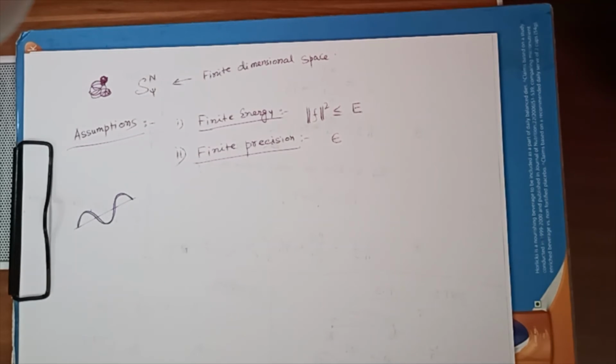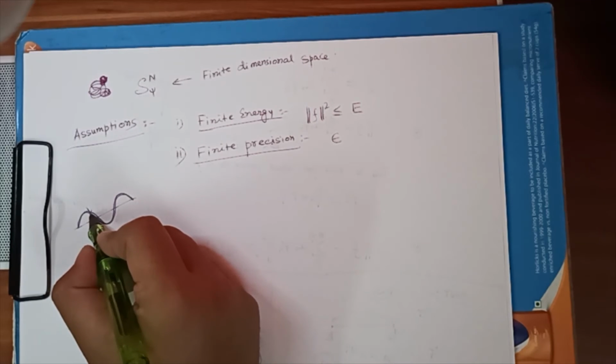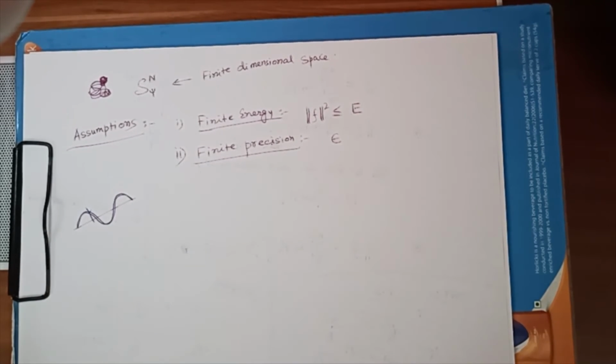How can you compute? What you can do is sampling. You can do a particular sampling at a particular point, and if you see that the two samples coming from the two signals are different, then you can say okay, they are different. Or you can do some Fourier series and compare every coefficient case by case and then say whether they are the same or different.